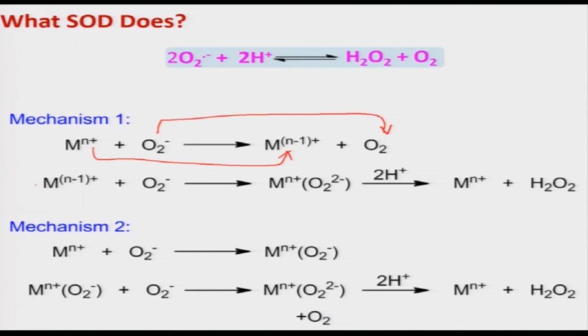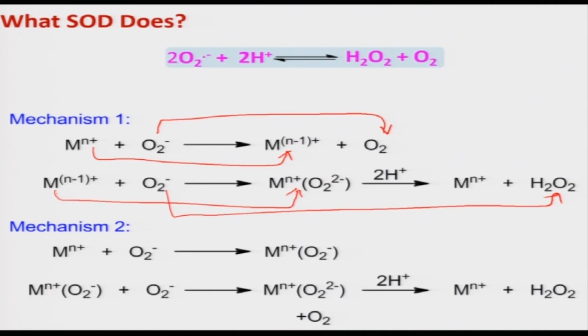Whereas, in the second reaction, the reduced metal further gets oxidized and superoxide gets reduced to peroxide. So, the same metal is getting reduced and oxidized, also forcing the superoxide to oxidize and reduce.